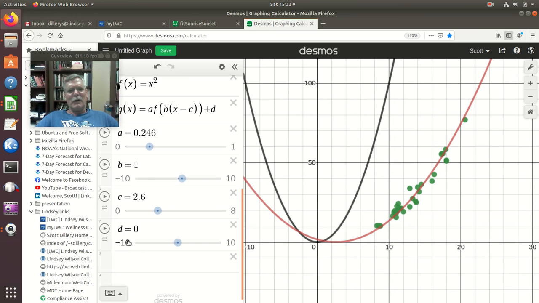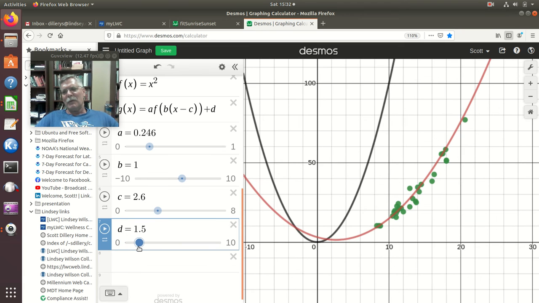Now I could move it up with D. Now, and again, D, I'm sure I don't want it negative, so I'll start at 0, and I'm pretty sure, what is that, about 10 there. I don't want it any bigger than 10. And I can move it up, and I can kind of play with these things.